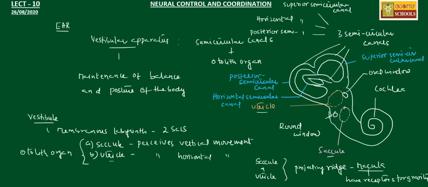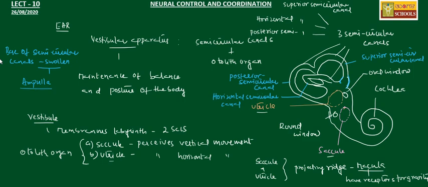So these are the three canals, and the vestibule and all of these are filled with perilymph. The base of these semicircular canals is swollen, and those swollen parts are called ampulla.